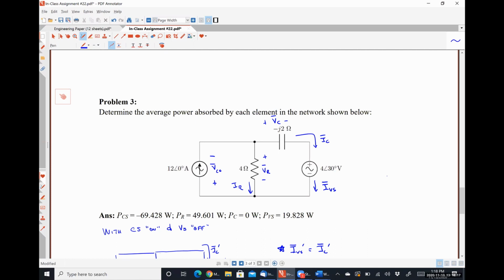So VR is simply VR prime plus VR double prime because we're at the same frequency.